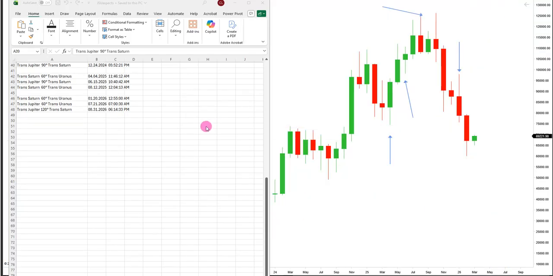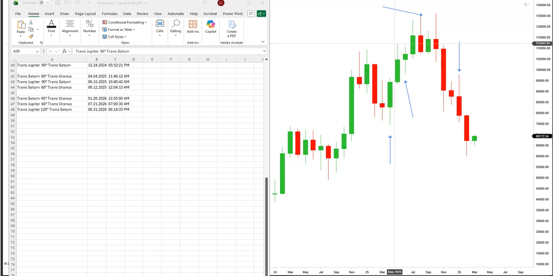Wrapping it up with the 2025, 2026 aspects, we've got the Saturn-Uranus sextile in April of 25, right here at this major low. We have a June square of Jupiter-Saturn, and that is really just the consolidation area.